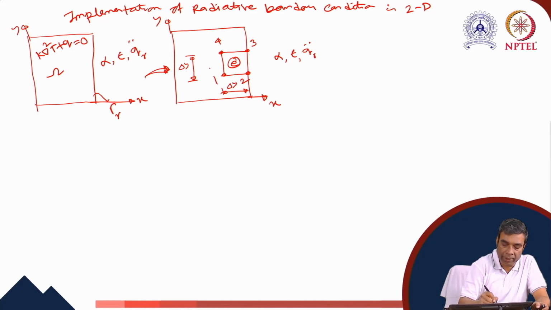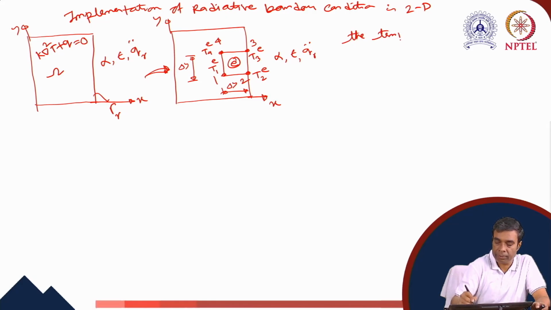So unknown temperatures for this element are T1e, T2e, T3e and T4e. The temperatures T1e, T2e, T3e and T4e are all unknowns.